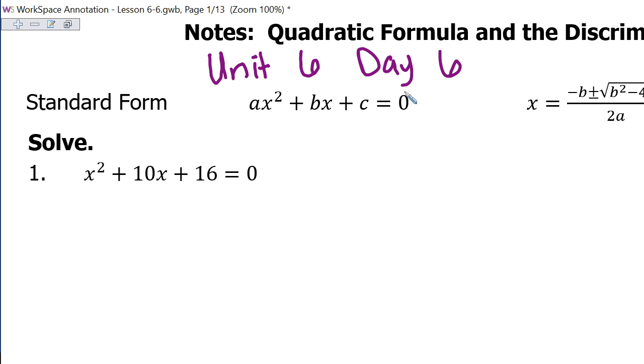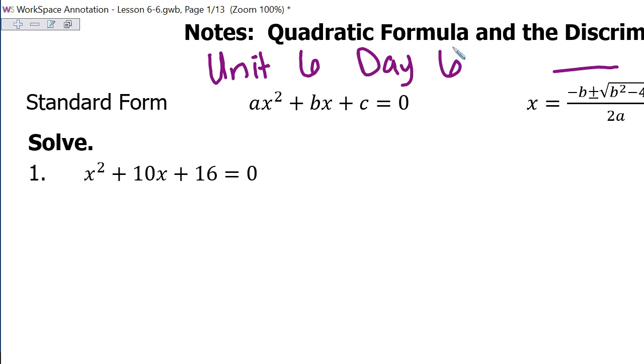So make sure you copy down that quadratic formula. We'll be using it for these problems. And the quadratic formula only works if your equation is in standard form, ax squared plus bx plus c equals 0. You have to be in standard form first.